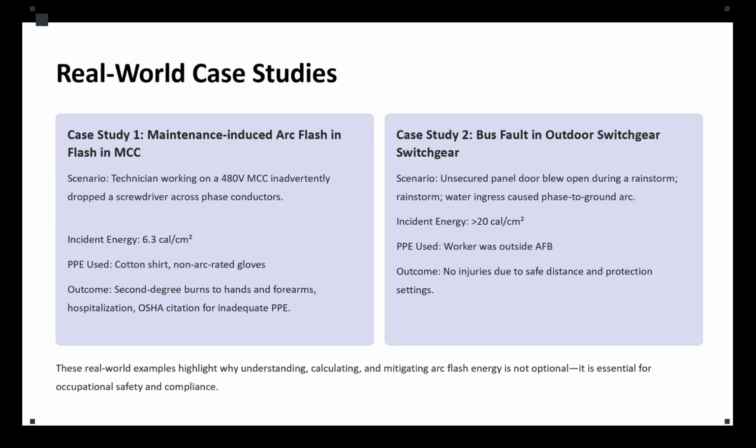After the incident in that case study, a full investigation revealed poor preventive maintenance. There was no weather sealing. The AFB and incident energy were never labeled on the panel. The fault led to a day-long outage, which affected the nearby industrial customer.